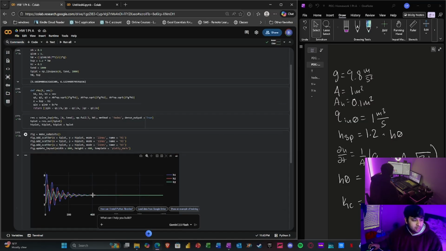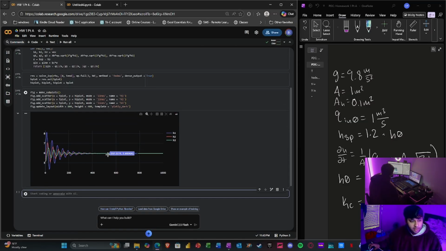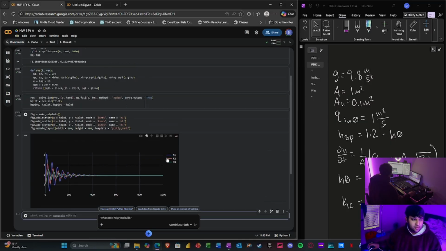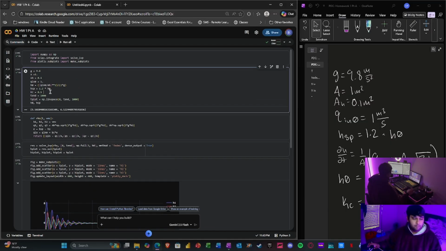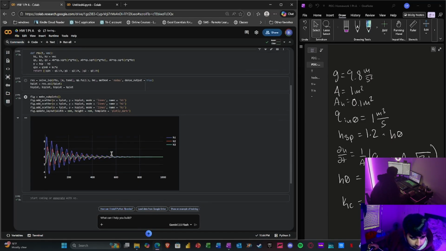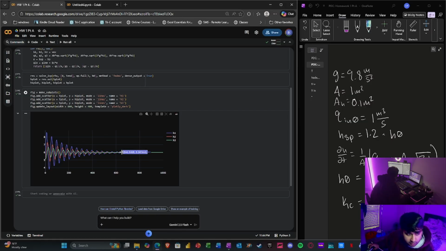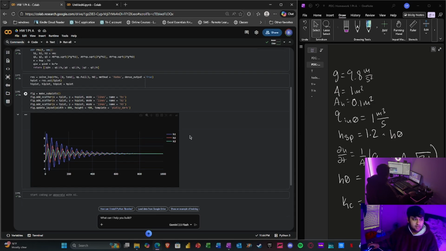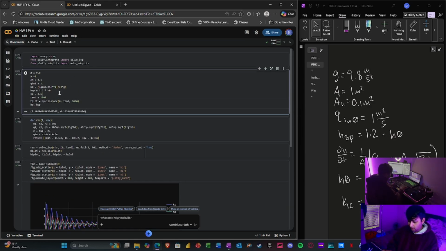So we can see that this curve smoothens out, I guess you could say. But let's see what happens if we play around with this KC value and increase it. I can see it's a little bit more divergent, and it's starting to not be as straight of a line towards the end. So let's try 0.7.